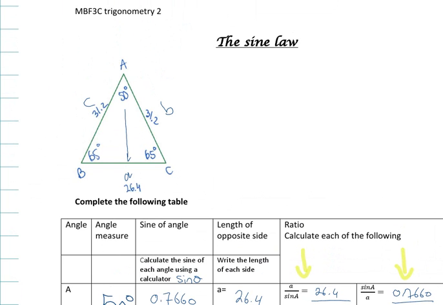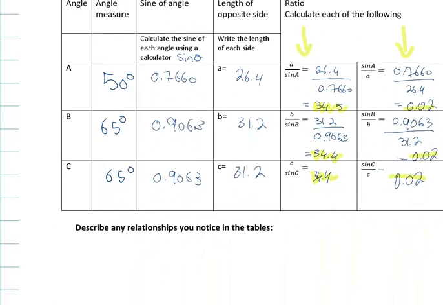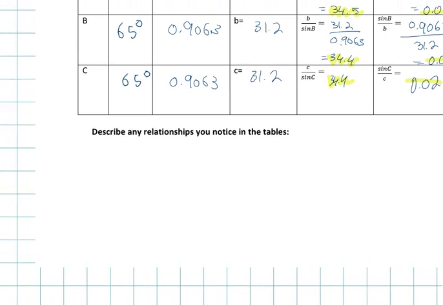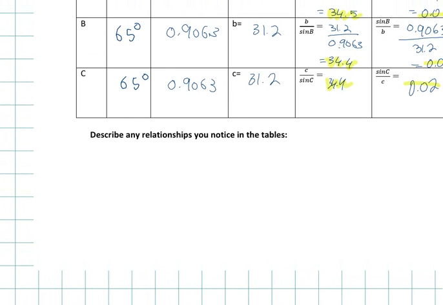It's not SOHCAHTOA anymore, because SOHCAHTOA is only used with right angle triangles. So what we did yesterday with SOHCAHTOA was only with right angle triangles. But when we have oblique triangles, then we have to use the sine law to be able to solve for my sides and for my angles.